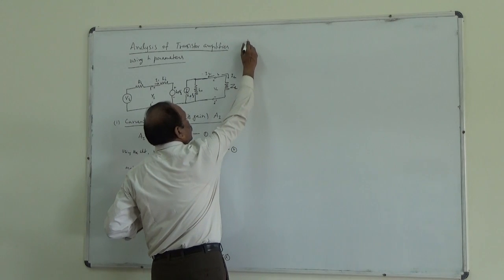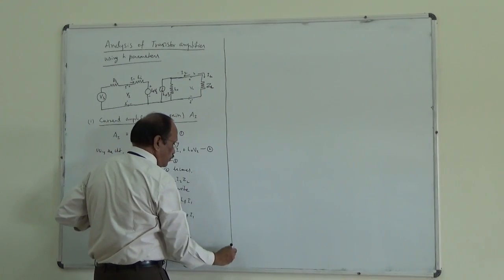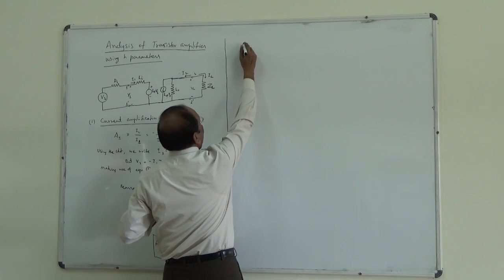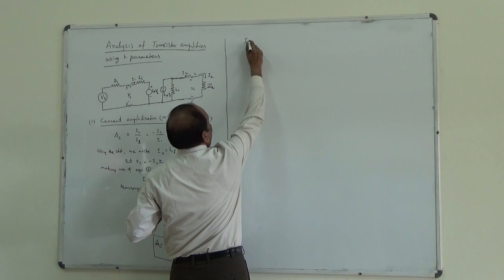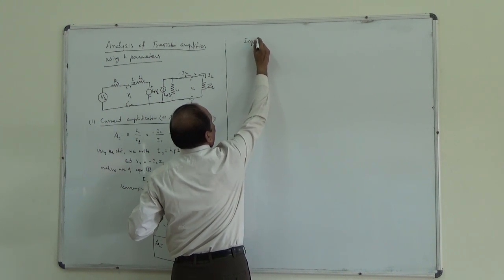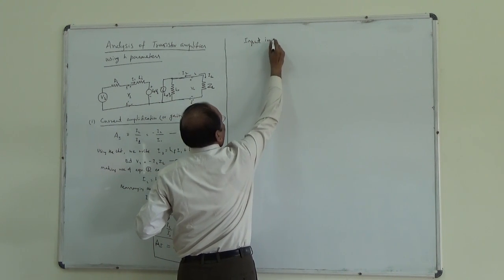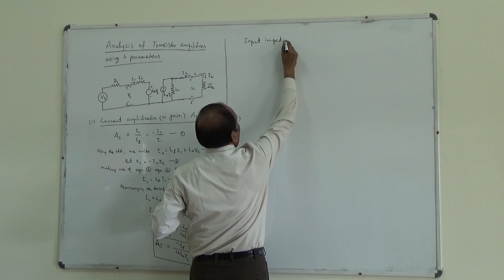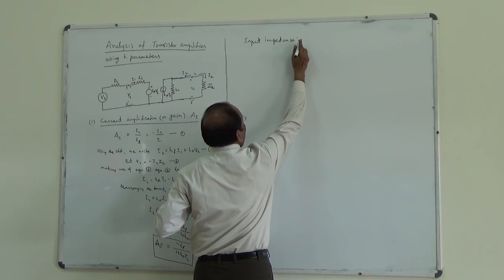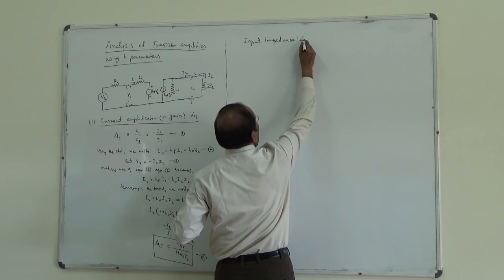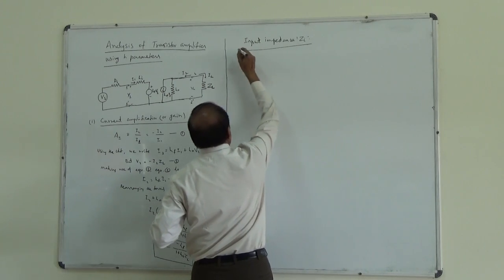So, now we derive the second parameter, that is input impedance. This you can represent by Zi.